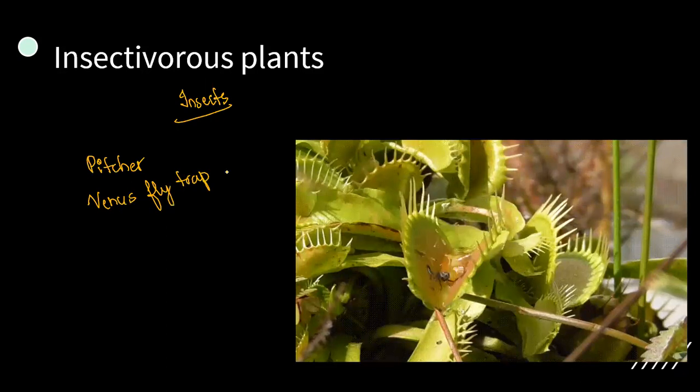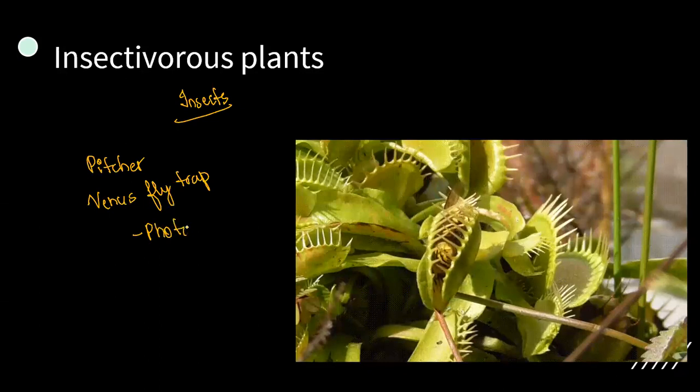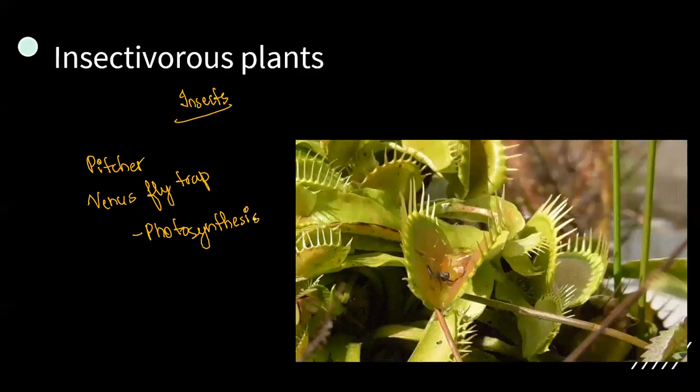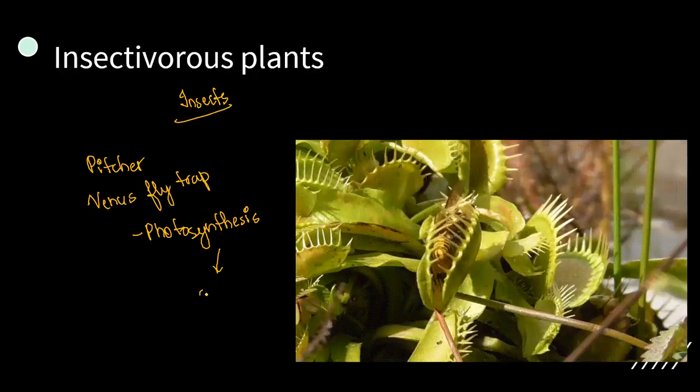These plants may be green, okay? They actually are green and they also perform photosynthesis. But they grow in the place where there is deficiency, or the nitrogen deficient soil.